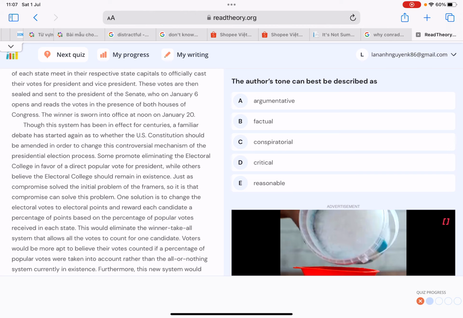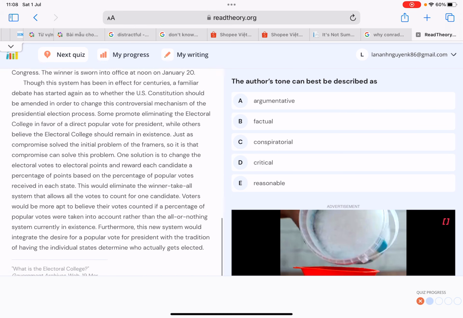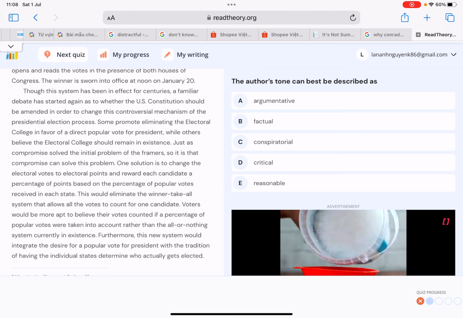Just as compromise solved this initial problem of the framers, so it is that compromise can solve this problem. One solution is to change the electoral vote to electoral points and reward each candidate a percentage of points based on the percentage of popular votes received in each state. This would eliminate the winner-take-all system that allows all the votes to count for one candidate.